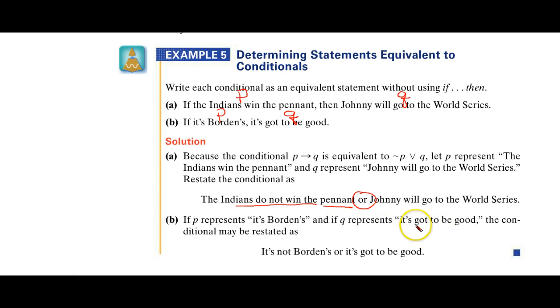And it's got to be good can be restated as the negation. It's not Borden's, and again, or the inverted caret, it's got to be good. So sometimes these don't make sense, but at least it's better than just symbolism all the time.